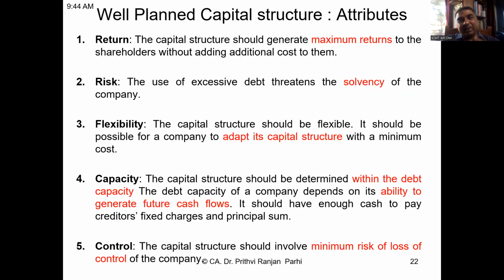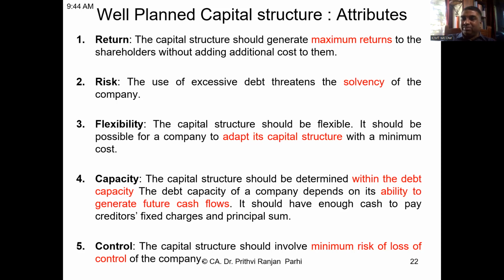Now, if you summarize, there are many attributes of a good or well-planned capital structure. First of all, it should ensure that return is maximized. It should not affect the solvency of the entity; the capital structure should not involve more risk than the entity can bear. It should be flexible, as we have discussed.